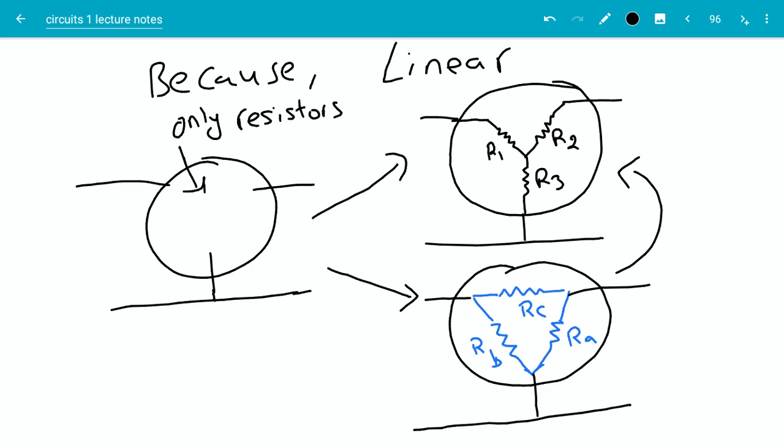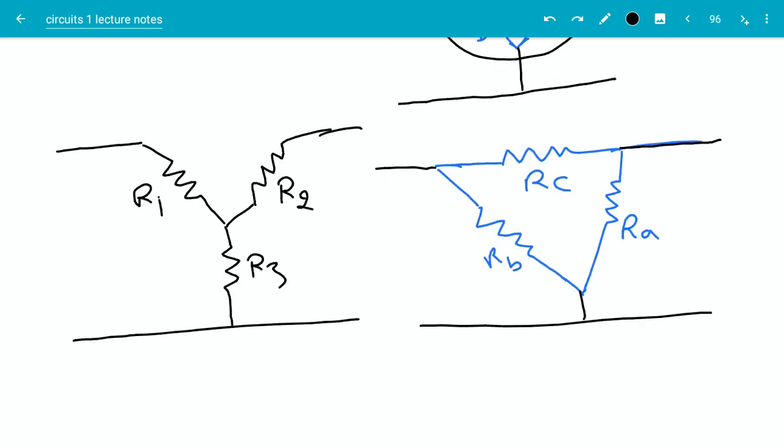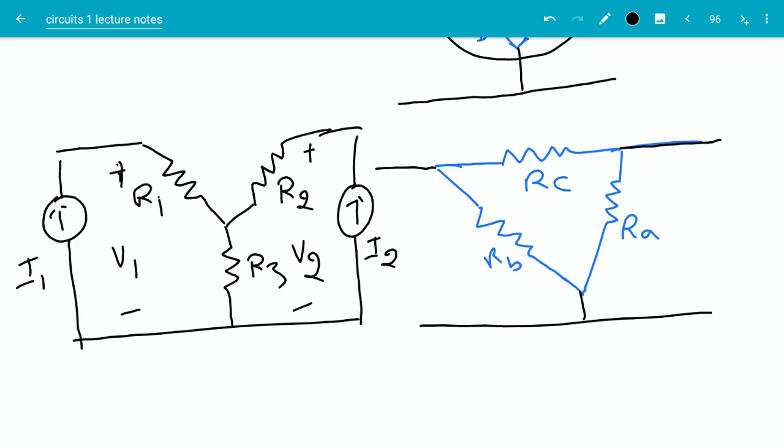And a Y circuit is a circuit consisting only of resistors and then three wires coming out of it. That means a Y circuit can be replaced by a delta circuit. When we say one of these circuits can be replaced by the other, what we are saying is these two circuits behave exactly the same way, provided we choose the right values. So what does that mean?